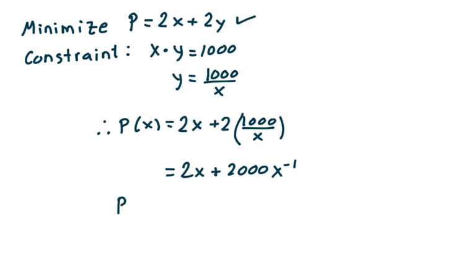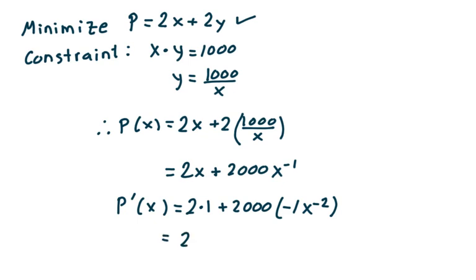So take the derivative. P prime of x is 2 times 1 plus 2,000 times negative 1 x raised to the negative 2, which is equal to 2 minus 2,000 divided by x squared.